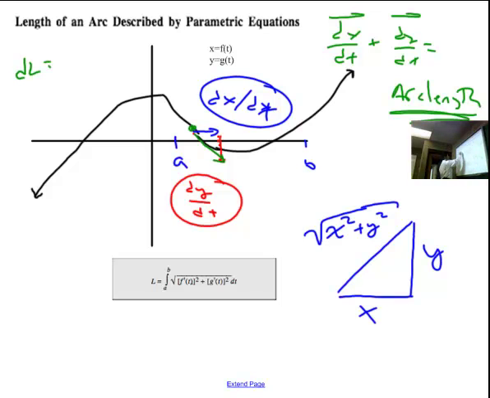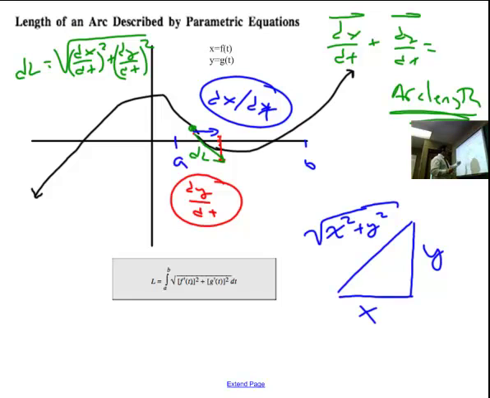That little length is just the square root of dx dt squared plus dy dt squared. That's that one little length dl right here.